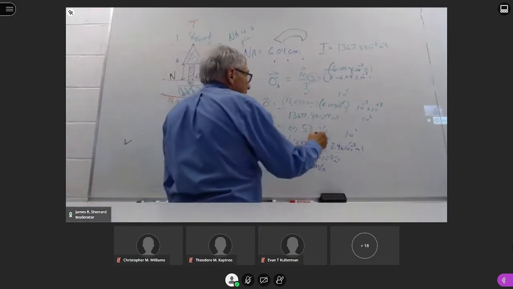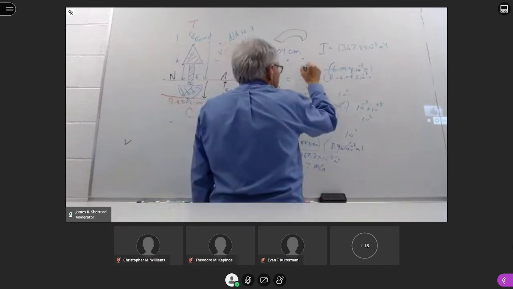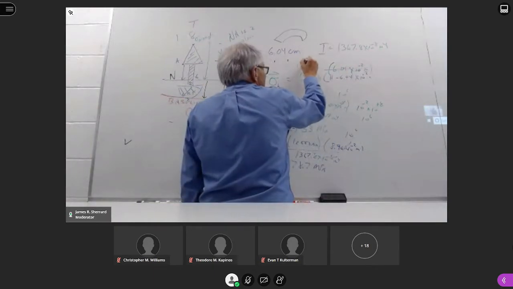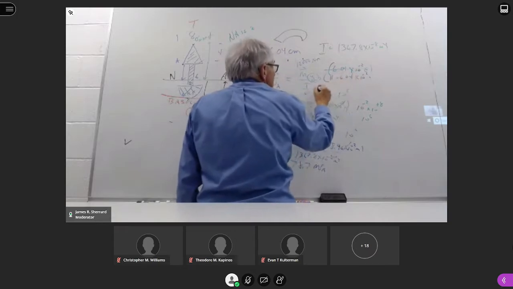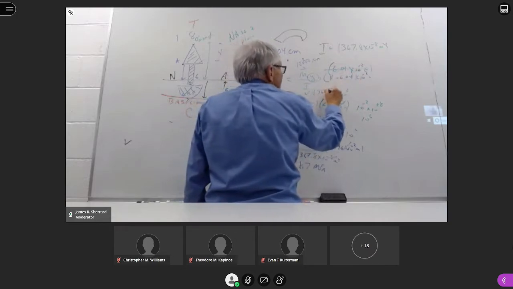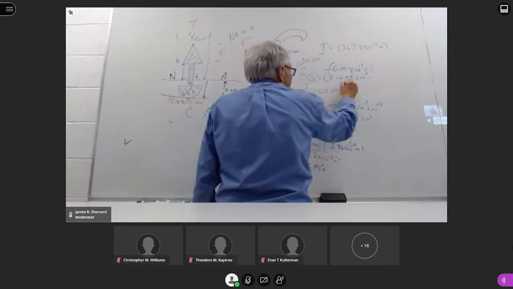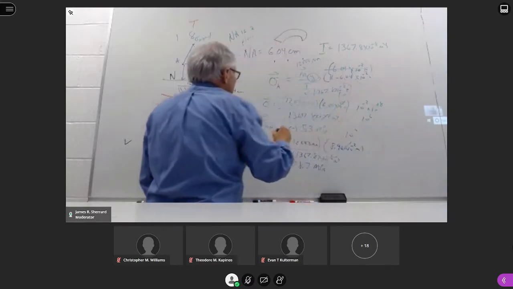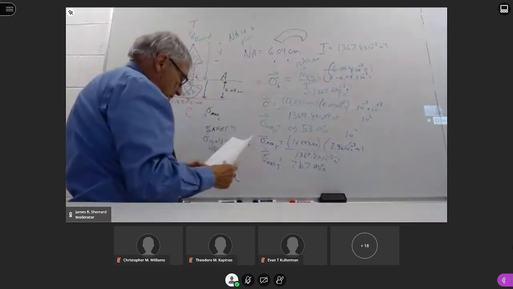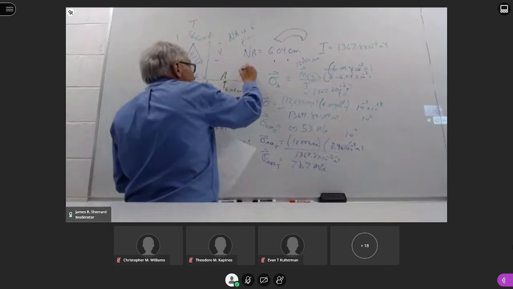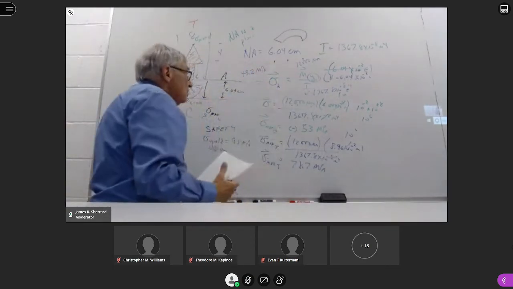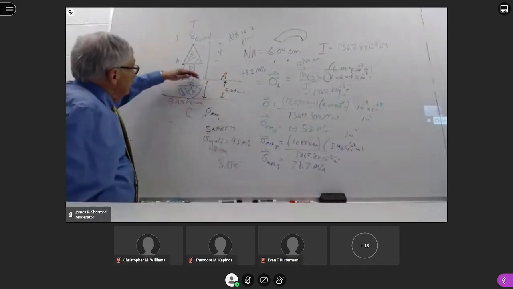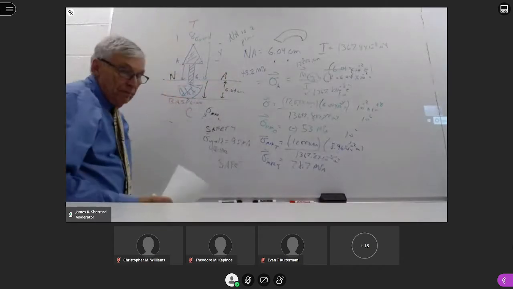So when I multiplied this value times this value divided by this value, that value came out to be 43.2 megapascals, positive because it's in the tensile part.